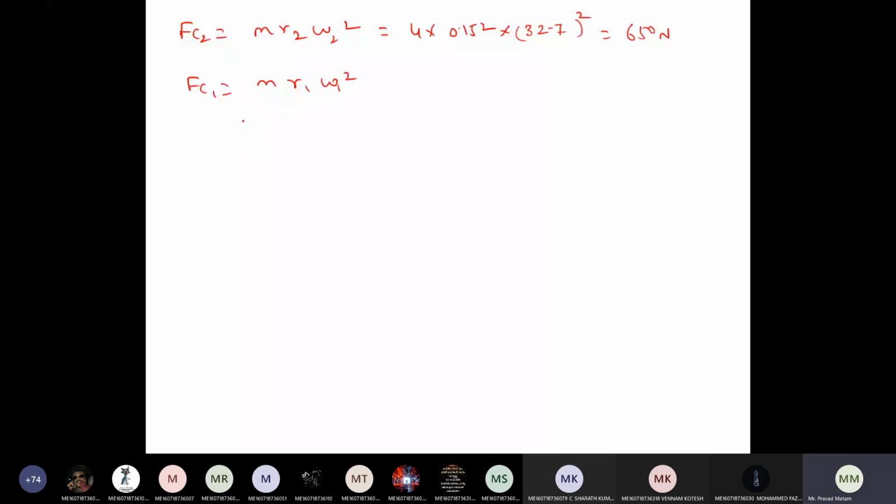How to find FC1? For finding FC1, this equation will not hold good because we don't know the N1 value. But I know the minimum speed and I know the maximum speed. So for that I am using one equation.